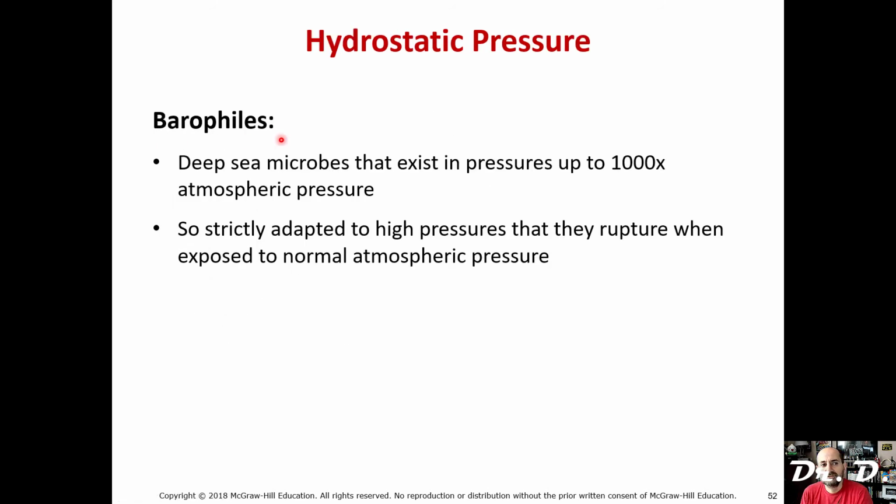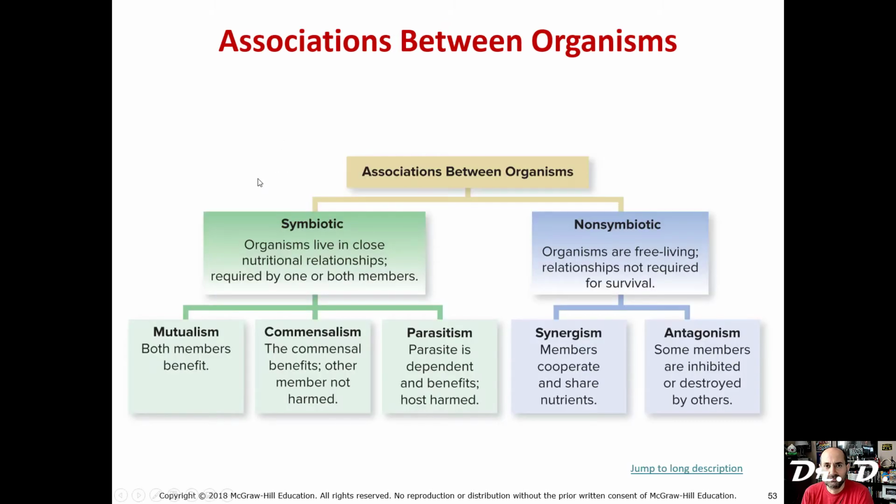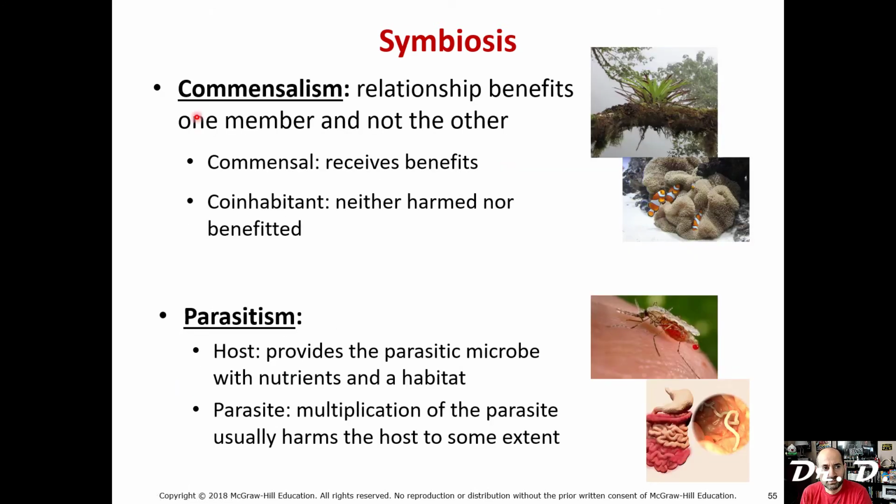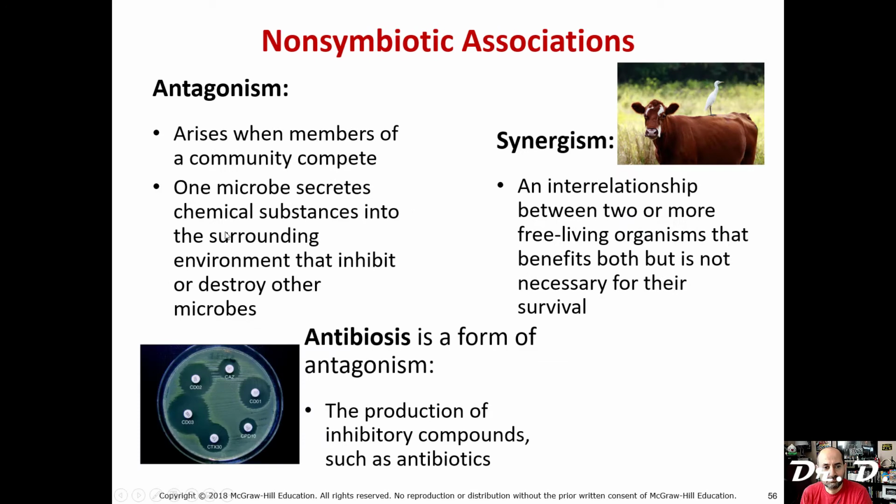Barophiles are organisms that thrive in high pressure conditions, such as at the bottom of the ocean. Okay, barophile. Okay, we should understand symbiosis and the examples of symbiosis: mutualism, commensalism. Definitely know the terms commensalism, parasitism. Please know those for the exam.